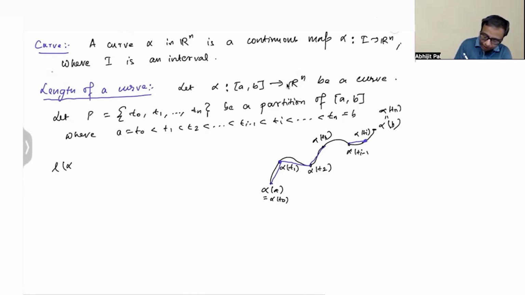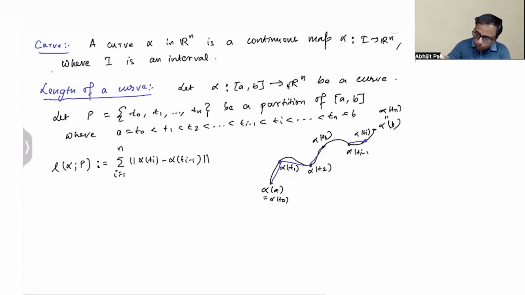L alpha P, the length of alpha with respect to this partition P, is defined to be the summation from i equals 1 to n of the norm of alpha Ti minus alpha Ti minus 1. This gives you the length of the line segment joining alpha Ti minus 1 and alpha Ti.